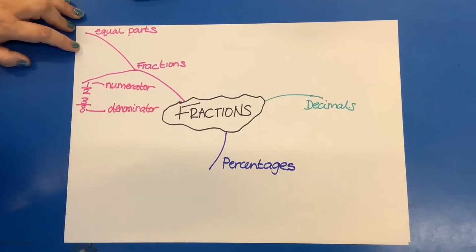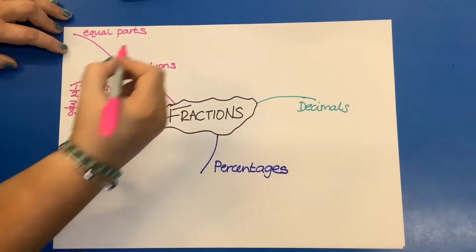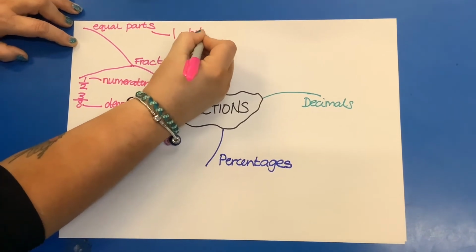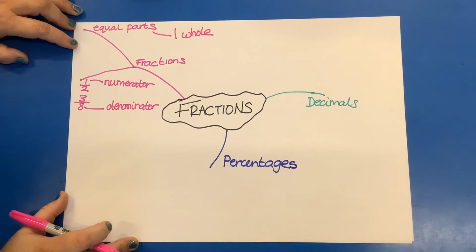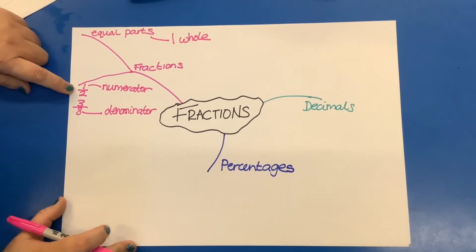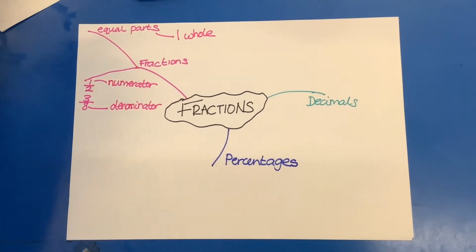So you might know some other things. So if it's equal parts, you've definitely got to have one whole. So I'm going to write that down. So there you are, that's to get you started. Hopefully you'll know more. You could write the words for this. So 1/2, obviously you could write half. So there are things you could add.